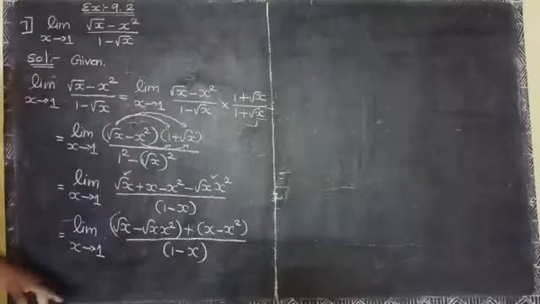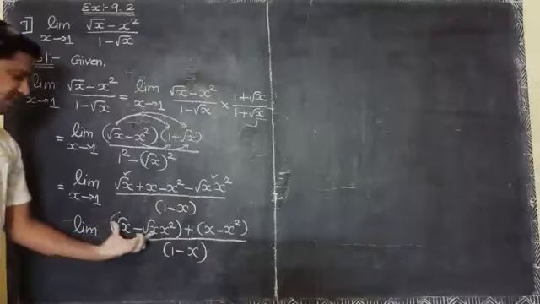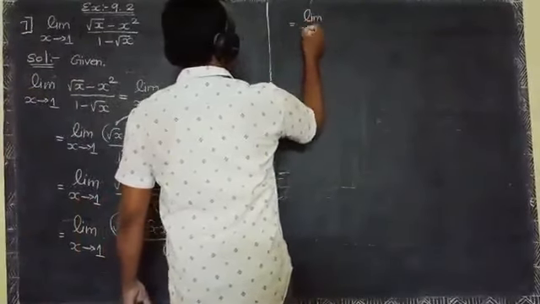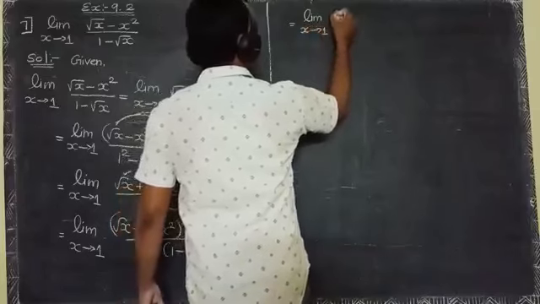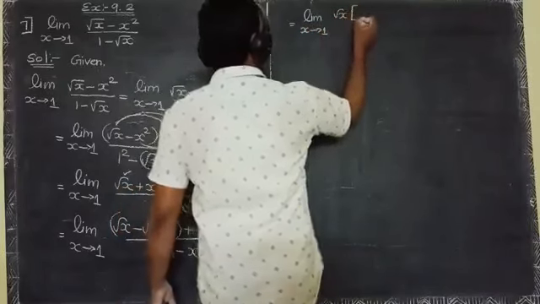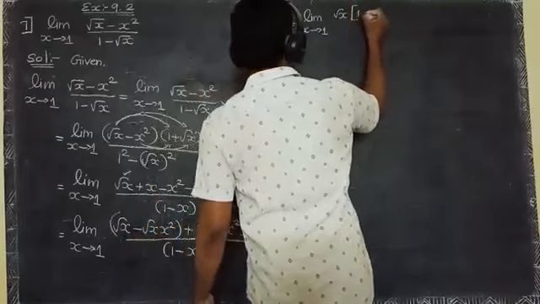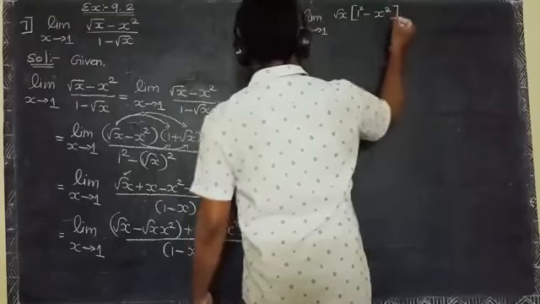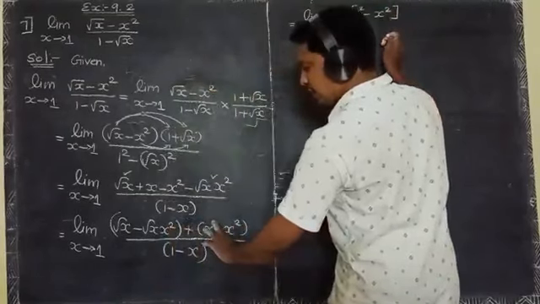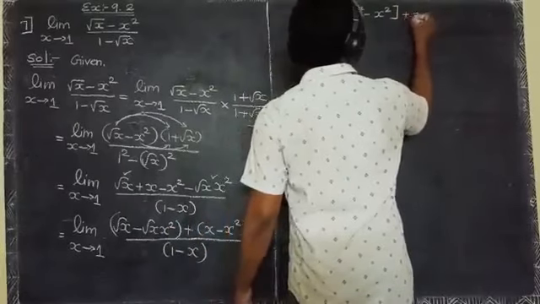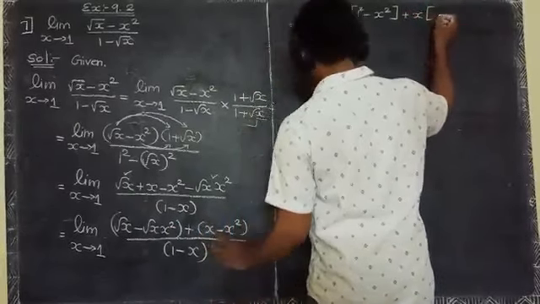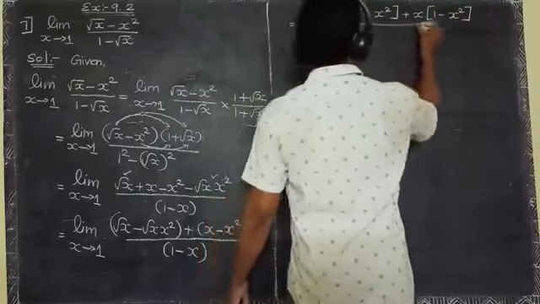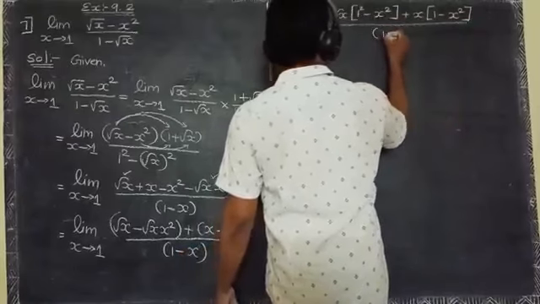Here take outside root x in the first term, that is 1 minus x square. 1 can be written as 1 square minus x square. In the second term, take outside the factor x plus x into 1 minus x square. Then the denominator is 1 minus x.